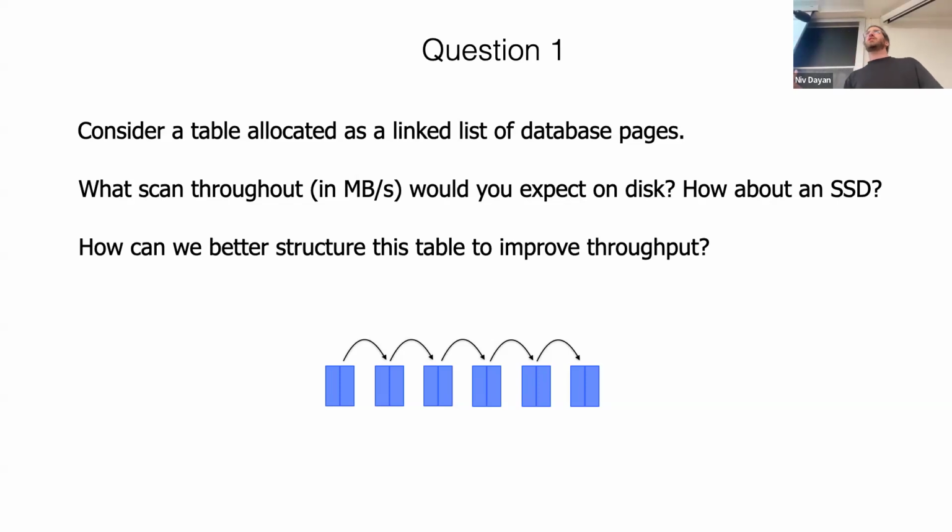This question requires you to know something about the kind of IO patterns you get if you traverse a linked list, and the bandwidth characteristics we should get with random versus sequential access on a disk or an SSD. Let's see if you can figure this out.